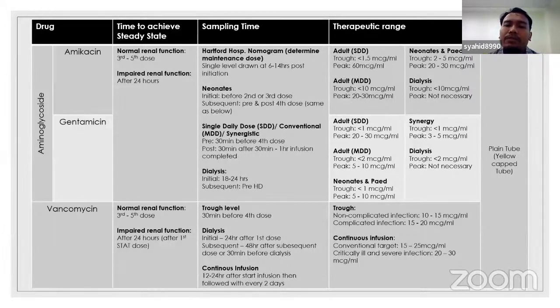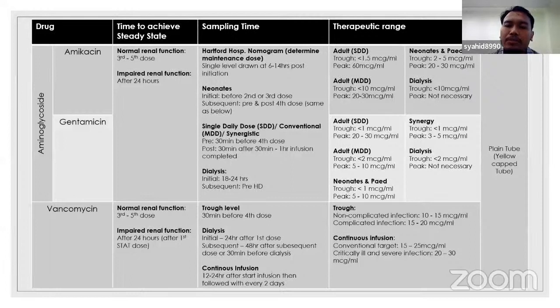For continuous infusion, I will talk later, because our hospital has endorsed our own protocol for vancomycin continuous infusion for ICU. For the therapeutic range for vancomycin, usually we take 15 to 20 mcg per ml for complicated infection.